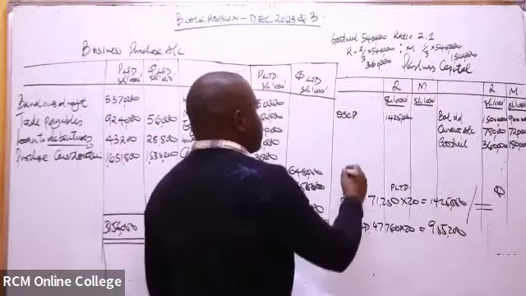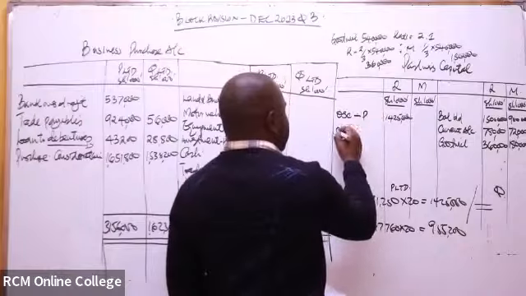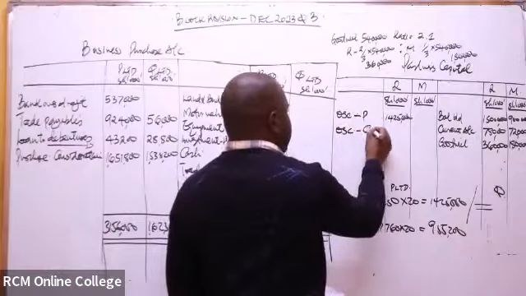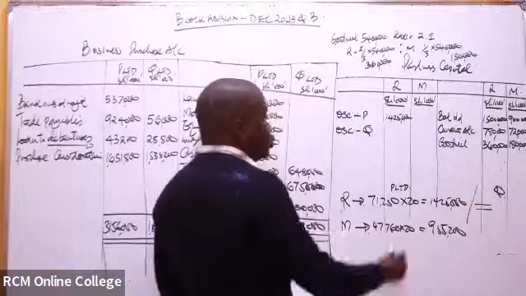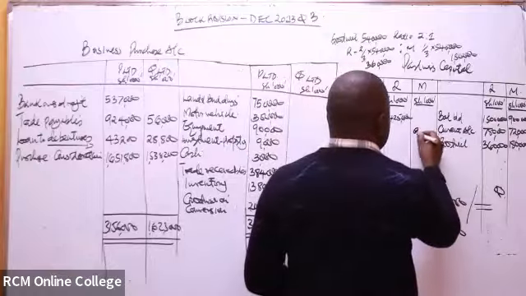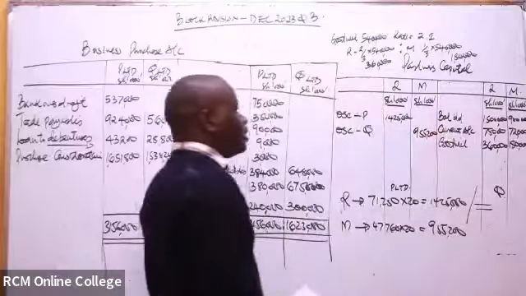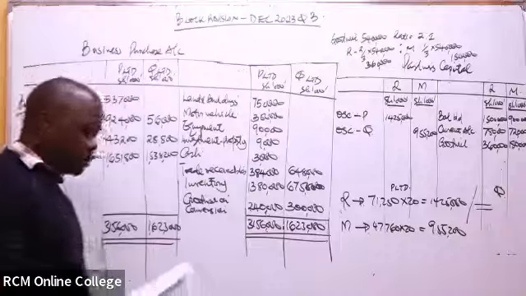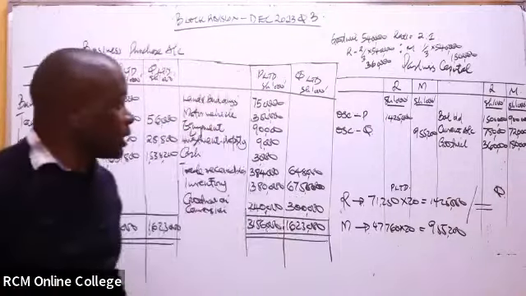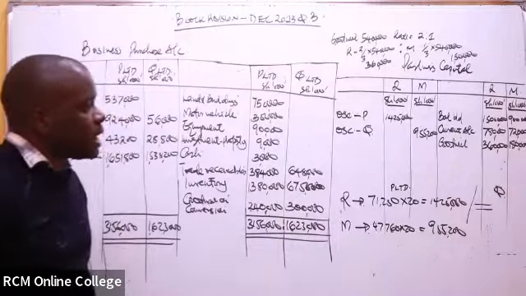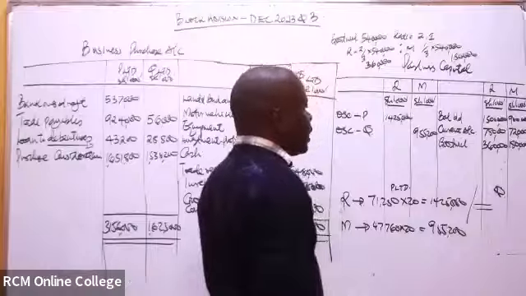This is the ordinary share capital for the other one, Q. So M took over 955,200, and the balance of the shares were taken over in P.